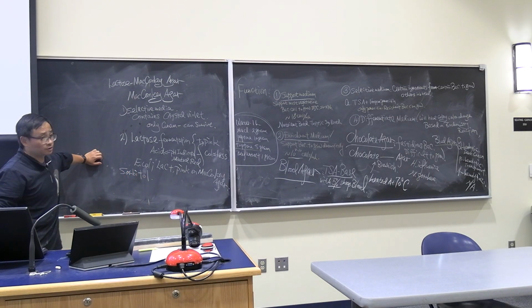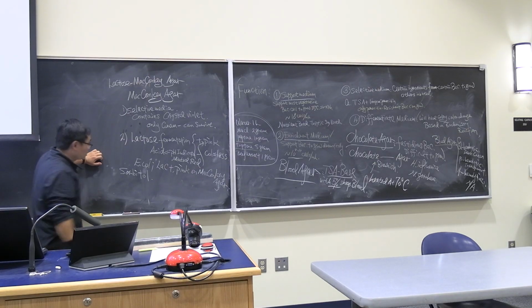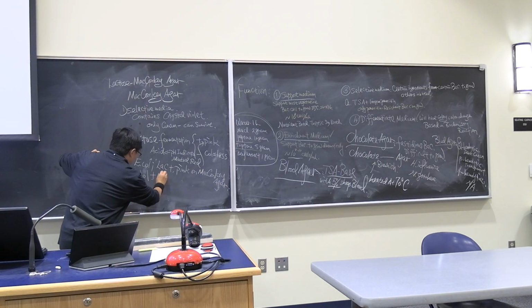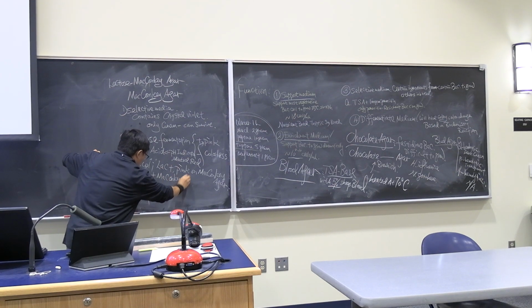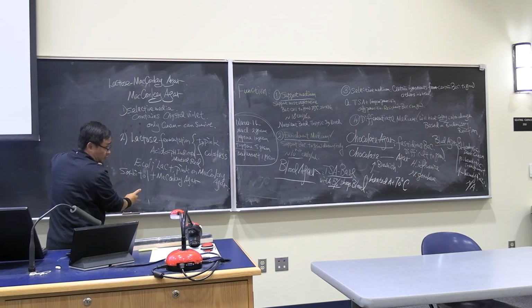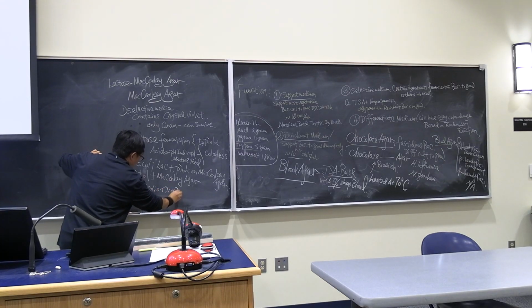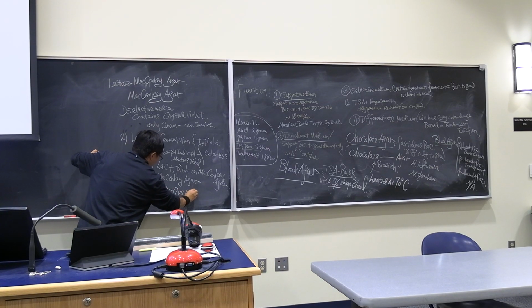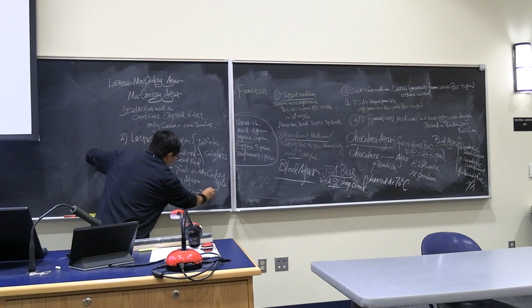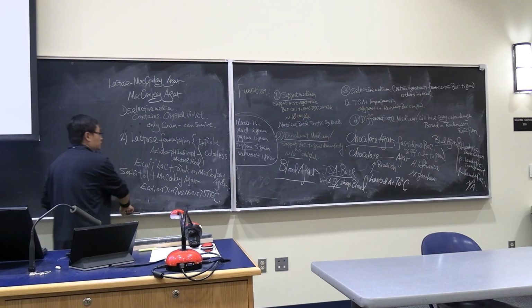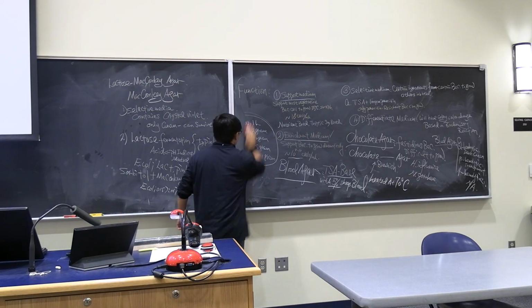Why is sorbitol important? Sorbitol MacConkey agar can be used to differentiate E. coli O157:H7 versus non-O157 Shiga toxin-producing E. coli. And I tell you the results are very interesting.